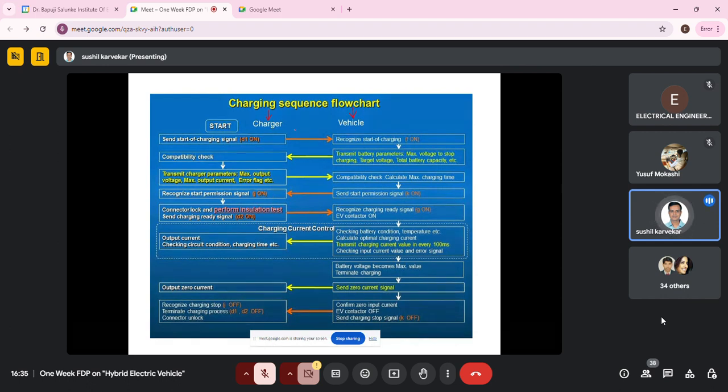There is a fine line. Let me call this the left hand side, and this the right hand side. The left hand side speaks about all the communication or handshaking signals from the charging side, and on the vehicle side we consider all the signals from the vehicle.